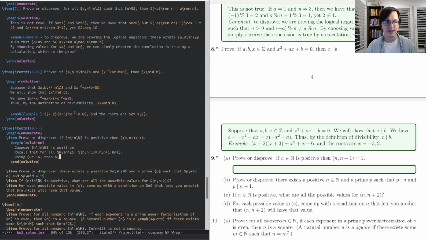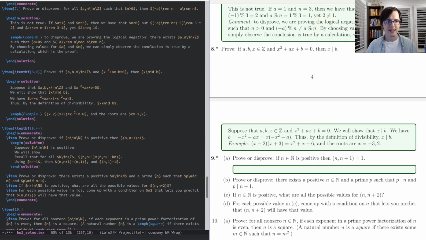So then we get n plus 1 is equal to n, 1. And the GCD of n and 1 is just 1, right? Because the only divisors of 1 are 1 and minus 1. Okay.